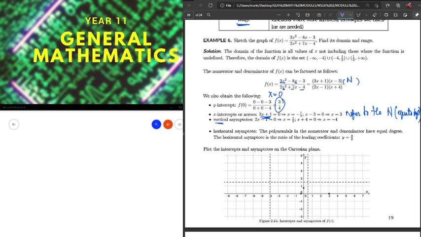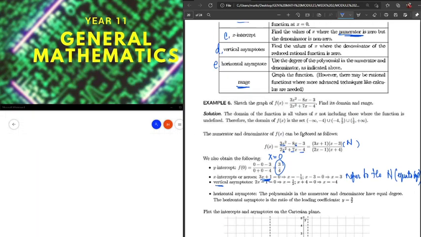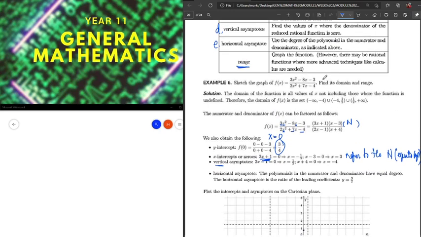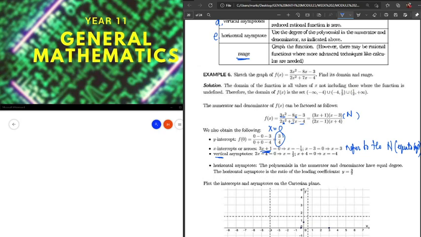In vertical asymptote, we find the value of x where the denominator of the reduced rational form is 0. For the x-intercept, we equated the numerator to 0. This time, when we look for the vertical asymptote, we refer to the denominator. So we equate the denominator to 0.